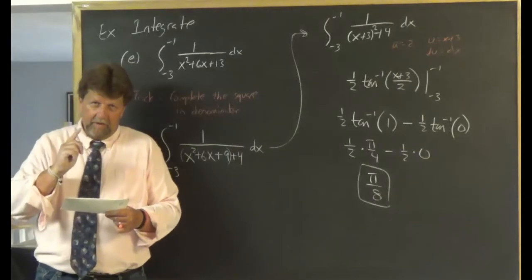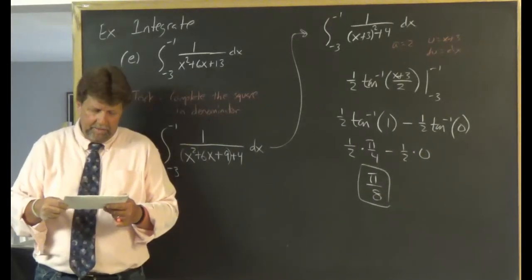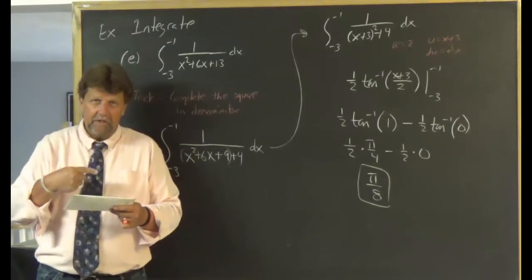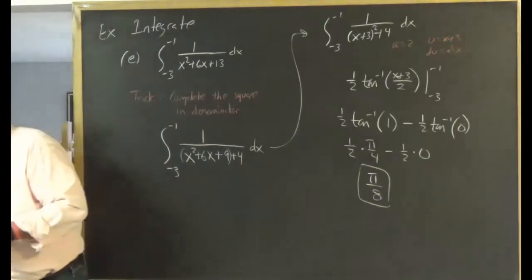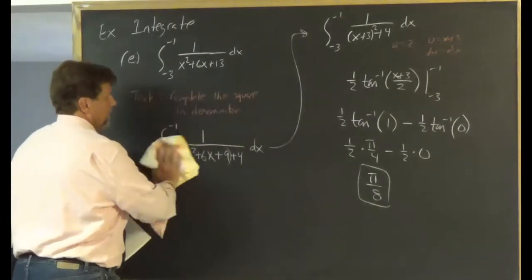All right, so now I showed you a trick, and this is setting up the next part of this example, part F. Fortunately, you have all this in your notes.